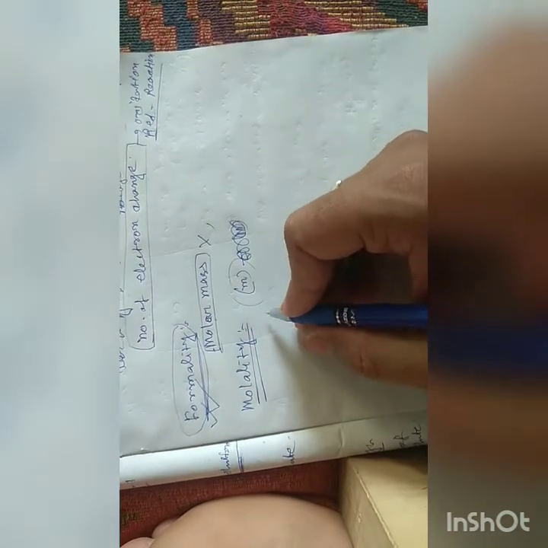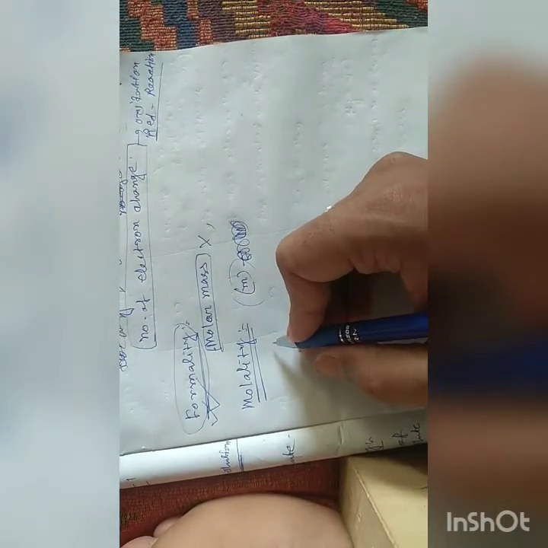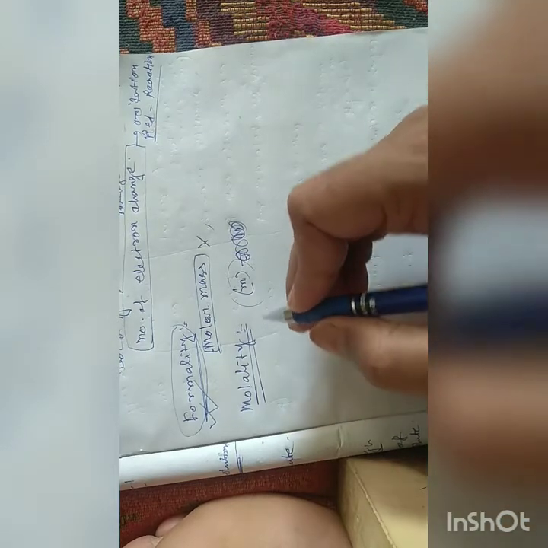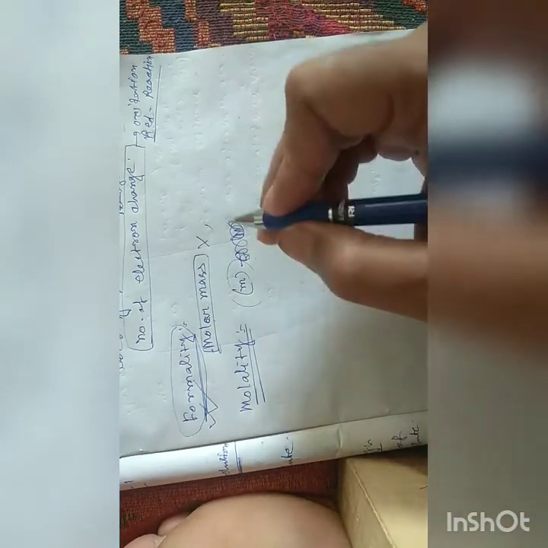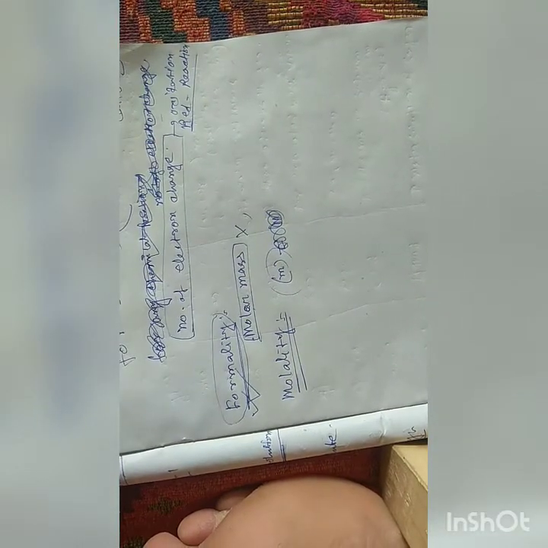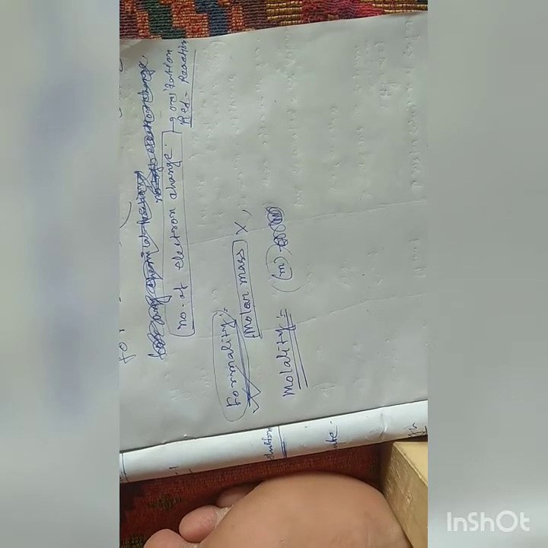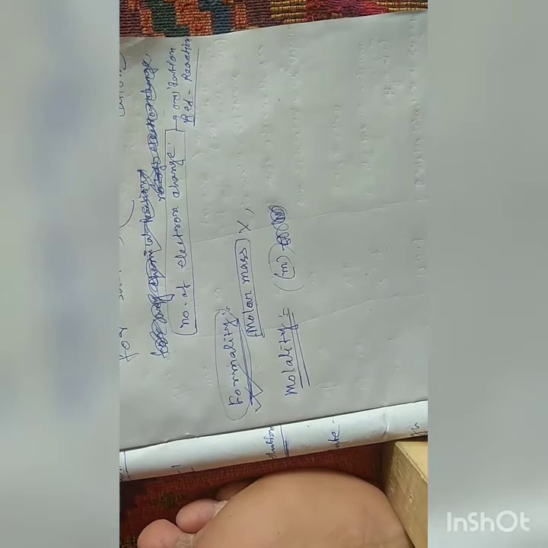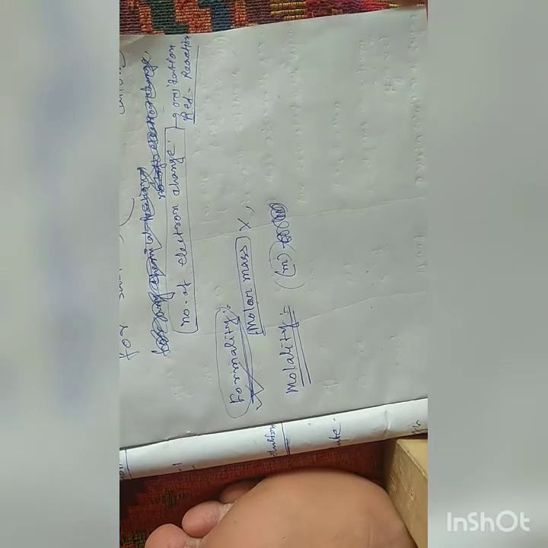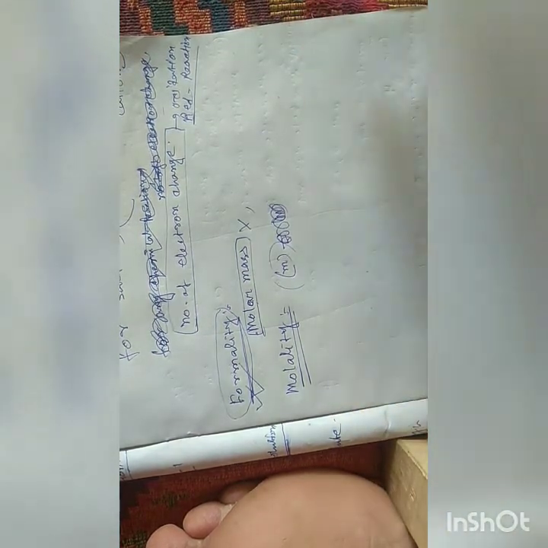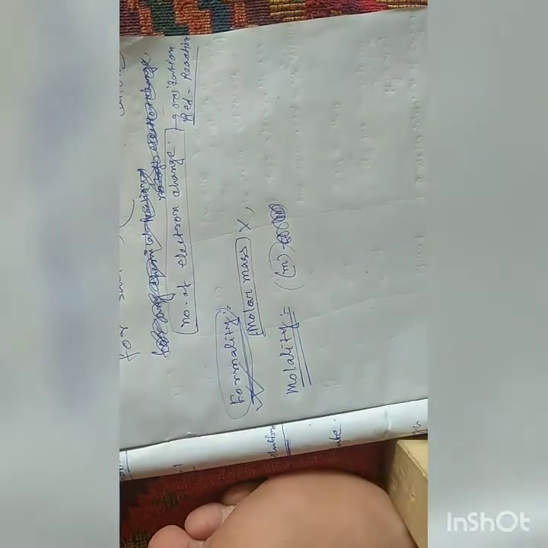Now what is molality? Molality is the number of moles of solute present in 1000 gram of solvent. The earlier ones, normality and molarity, were all in liters, meaning 1 liter volume of the solution.